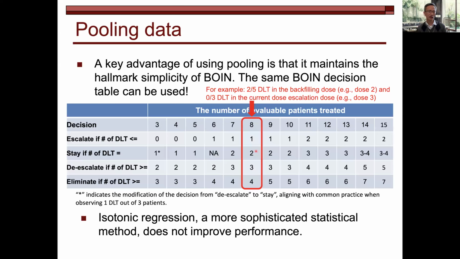And statistically, we can consider more rigorous or complicated methods like isotonic regression to borrow information across doses. But it showed it does not really improve performance. So in general, we prefer this simple approach that is easy to understand and easy to use.